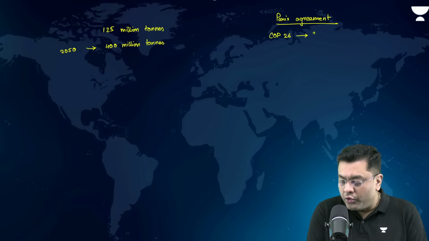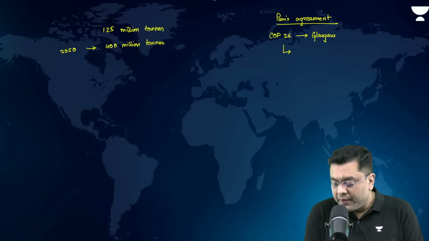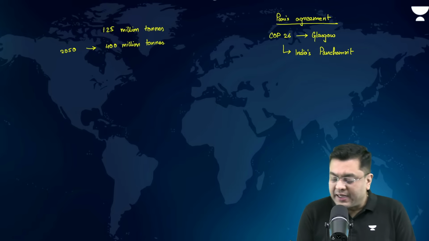For example, when we talk about our global commitments, as per the Paris Agreement, it was basically at Conference of Parties number 26, which was held in Glasgow. At that Conference of Parties, India declared its Panchamrit, the five goals for the fight against climate change.